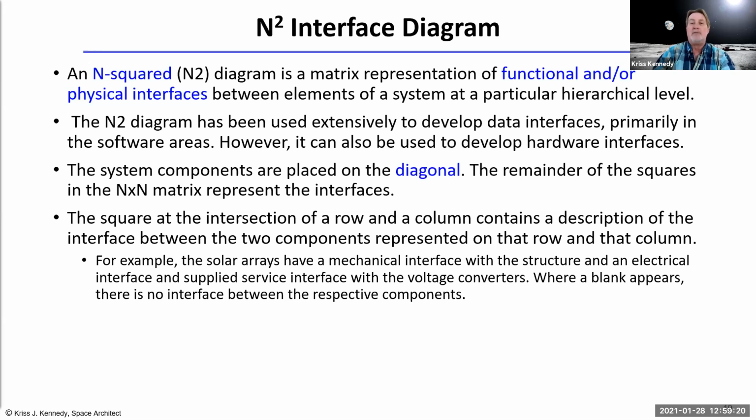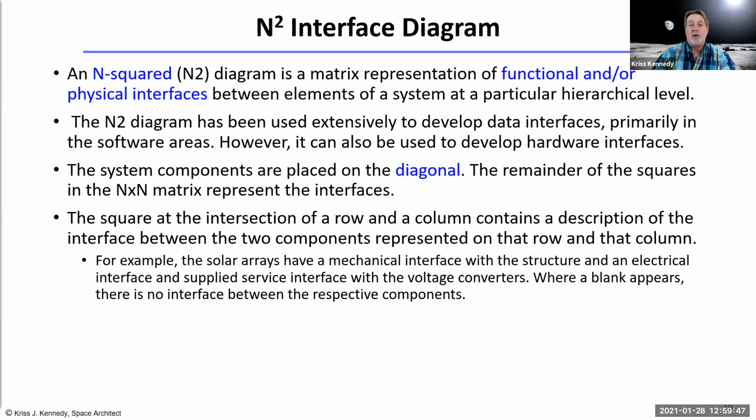And you really need to dive all the way to the bottom of all the different interfaces to truly understand the flow, the interconnectedness between the various components and subsystems. N-squared diagrams have been used extensively to develop data interfaces, primarily in software areas. However, it could be used to develop and understand hardware interfaces and human interfaces as well.